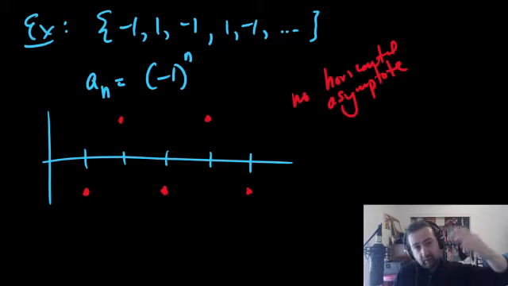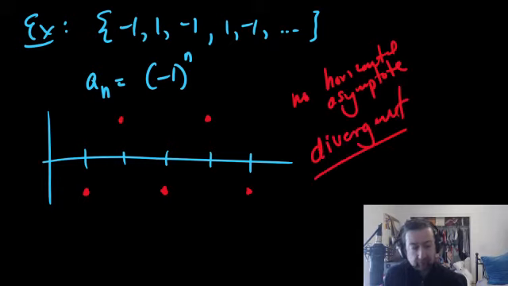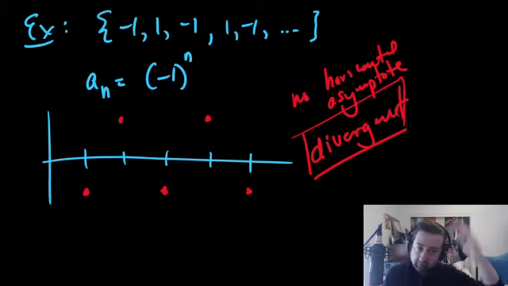Since it forever flops back and forth, this is a divergent sequence. Even though it's bounded, it never gets above 1 and never gets below -1, but still it is divergent. If you want a more interesting example of a divergent sequence, you could look at something like the sine of 1 over n, which is another one that takes on every possible value forever.